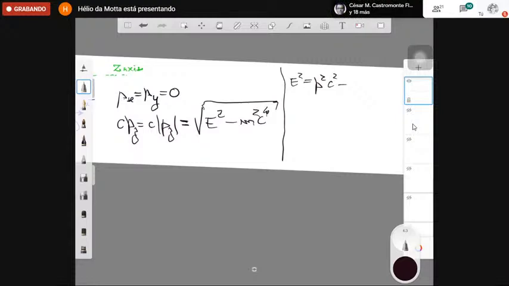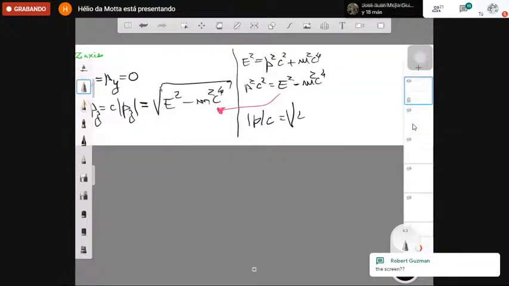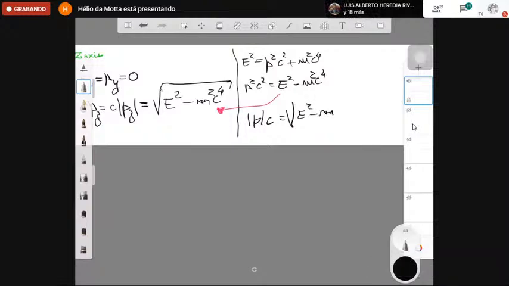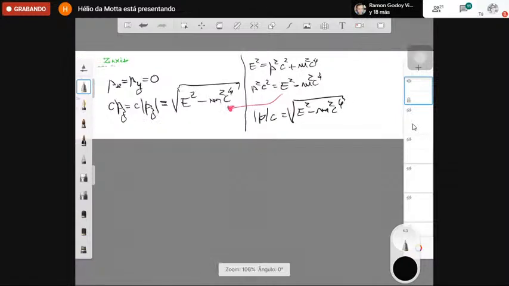Then P squared c squared is just E squared minus m squared c to the fourth. Then the momentum P times c is just the square root of E squared minus m squared c to the fourth.